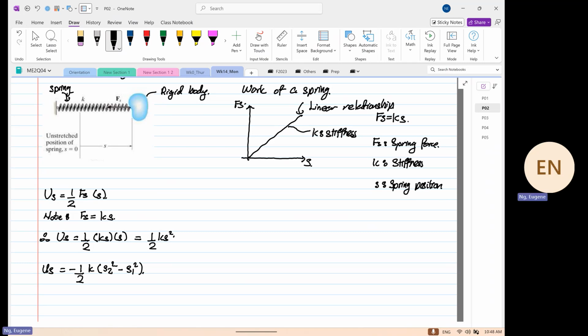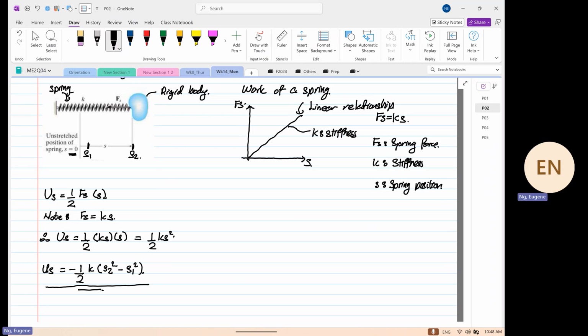It's minus because the spring force is always opposed to the applied force. Can you all do me a favor? On this diagram over here, put down here, this is your S1, and down here, this is your S2. S1 is the one that's nearer to 0, so you will not get confused later on.